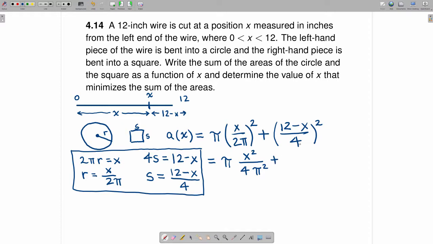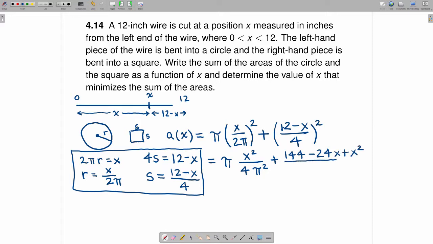And over here, we can multiply out the numerator and the denominator. When you multiply out the numerator, you're going to get 12 squared, which is 144, minus 24x plus x squared.